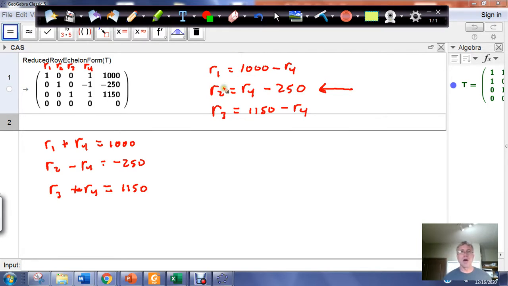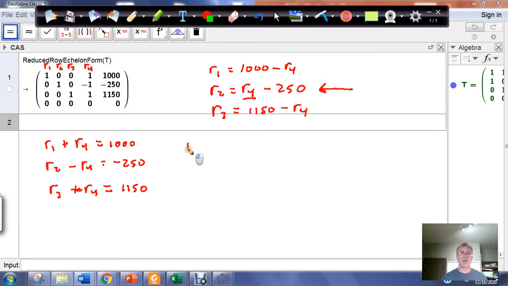So this number, road 2, is a measurement of vehicles per hour flow. It can't be negative. So the lowest it can be is 0. And what we see here is if we plugged in 250 vehicles per hour for road 4, we'd get 250 minus 250 is 0.